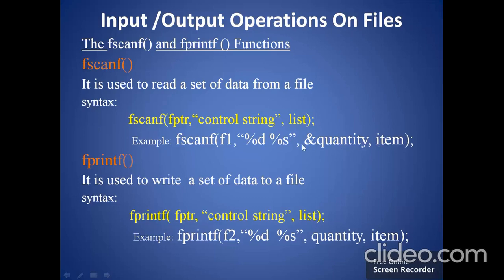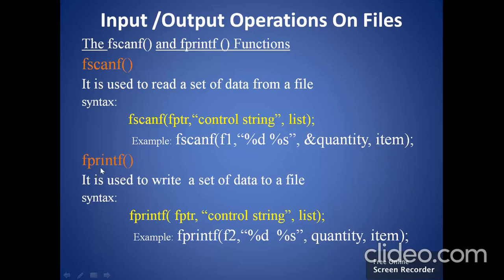When this code is executed, what happens is, the file contains an integer data and a string of characters. The integer data is read from the file and stored in the variable quantity. Then the string of characters is also read from the file and stored in the string item.